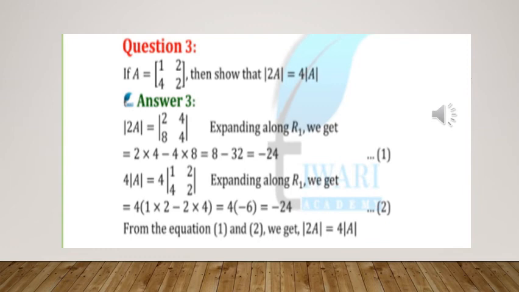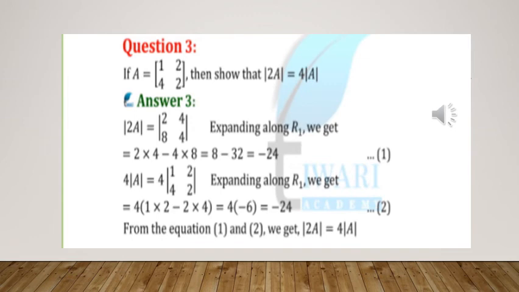Now find determinant 2A. So determinant 2A is equal to the determinant of 2, 4, 8, 4. That you expand, then we get the answer negative 24. Now the right hand side is 4 into determinant A, that is 4 into determinant 1, 2, 4, 2.